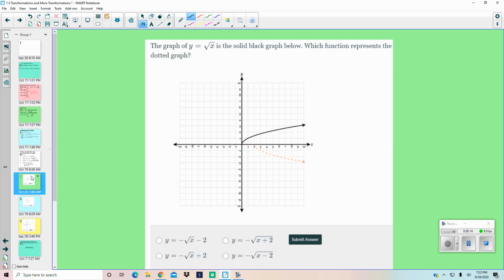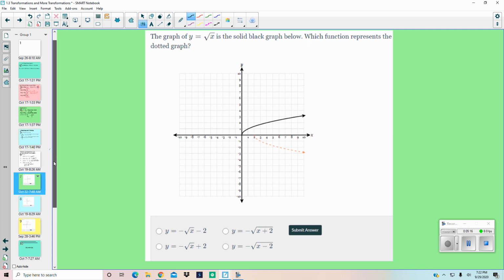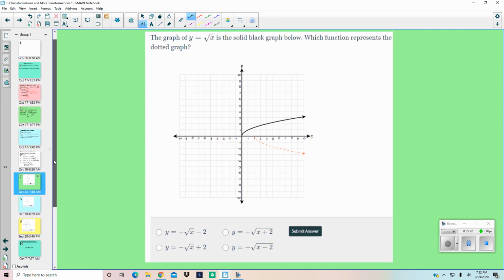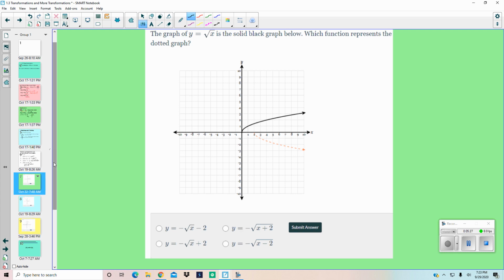All right, so in Delta Math, you're going to be given a graph, and then you're going to be given 4 options, and you're going to need to pick the option that matches the transformation. So we start with square root of x. You can see that this has been reflected about the x-axis, and then it's been moved 2 units to the right. And what you can do with these is keep your graphing calculator right there and plug those in and see which matches the dashed graph.